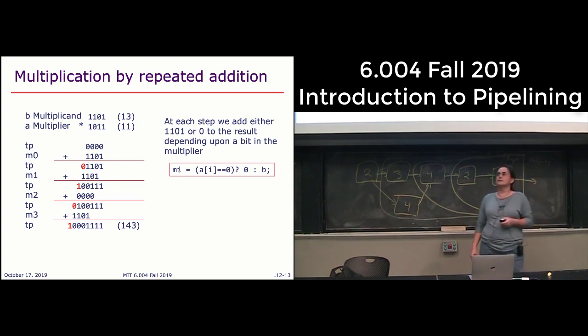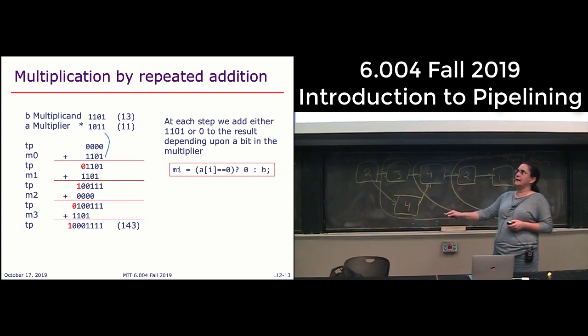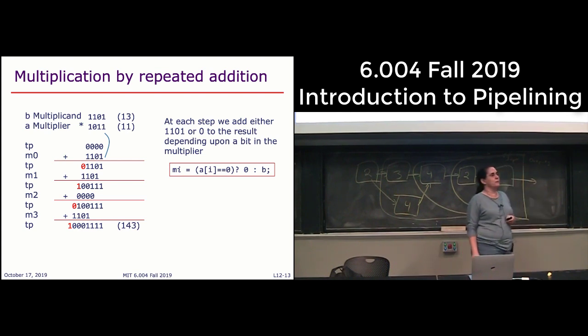So let's take a look a little bit more closely. What do I mean here? Let's take a look at what's happening in the first addition. My least significant bit of A is a 1. And so that means that I want to go ahead and add the value of B, which is 1101. Okay? And so that's what I do here, and I end up with 1101 with a 5th bit added, so I have a carry of 0.